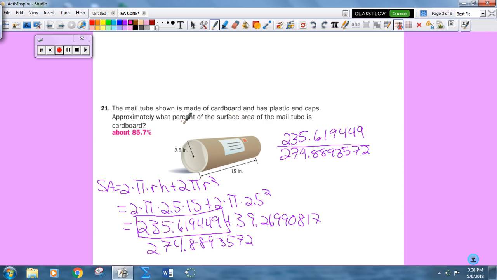What percent of the surface area is cardboard? So the cardboard is just the lateral area, which is this 2 pi rh. So you can see I did that calculation here. The surface area is the lateral area plus the two circles. So my surface area is 274.889. So to find the percent, I do the lateral area over the surface area, and I got 85.7%.